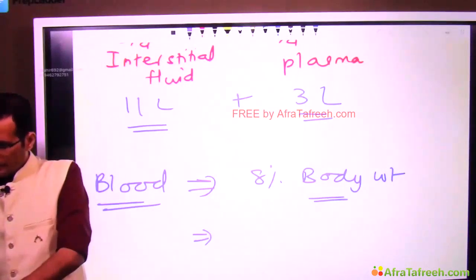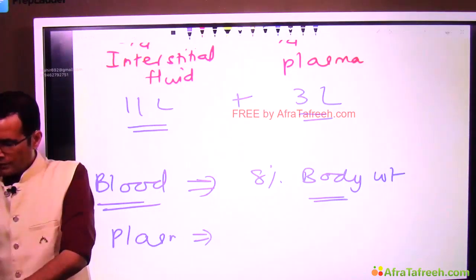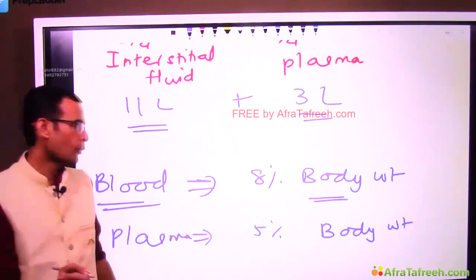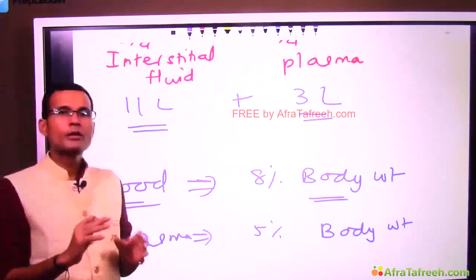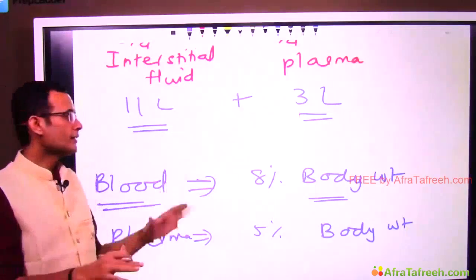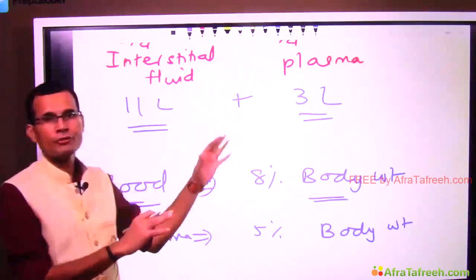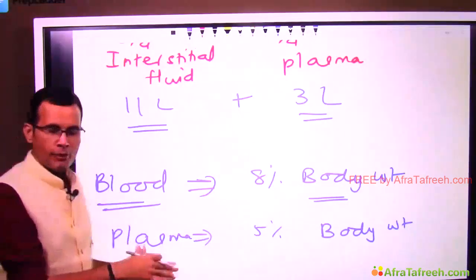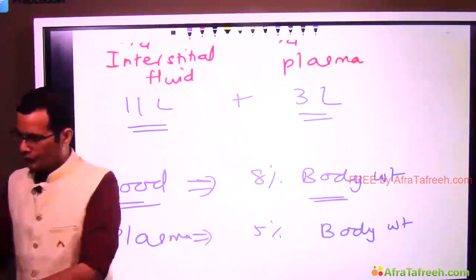And out of that, plasma would be 5% of the body weight and cell volume would be 3% of the body weight. So remember, blood volume is 8% of the 70 kgs or whatever body weight given, and plasma volume 5% of the body weight.